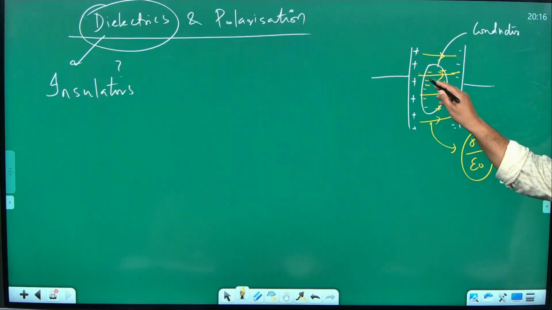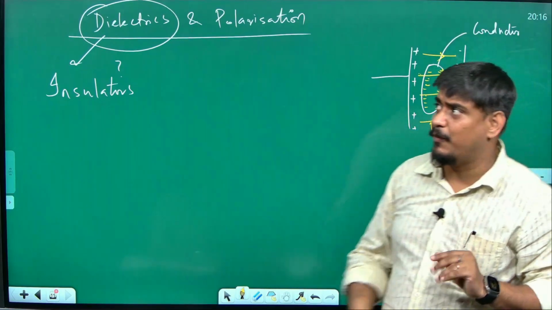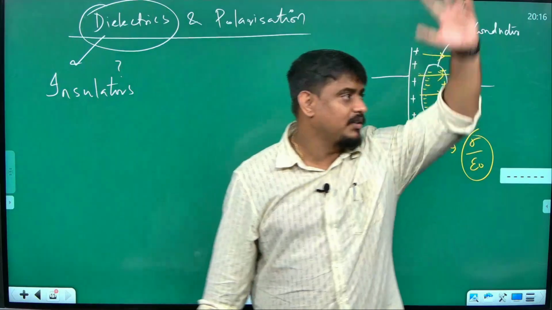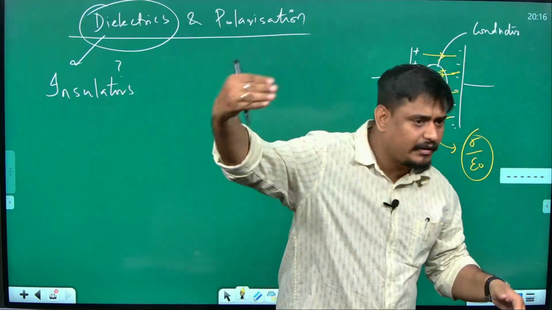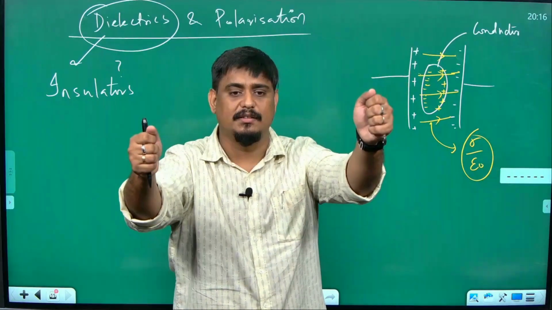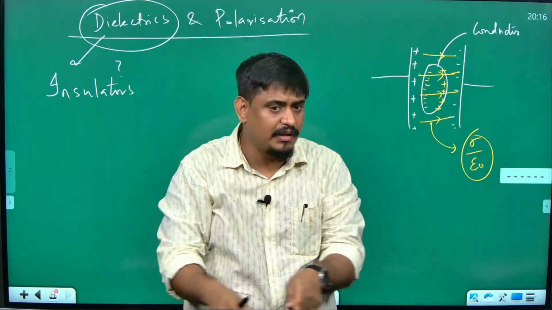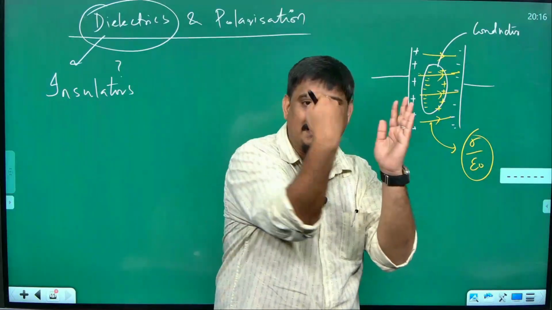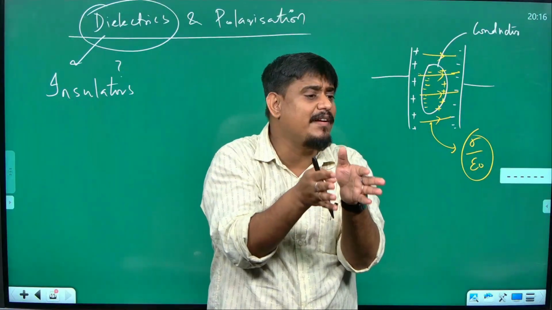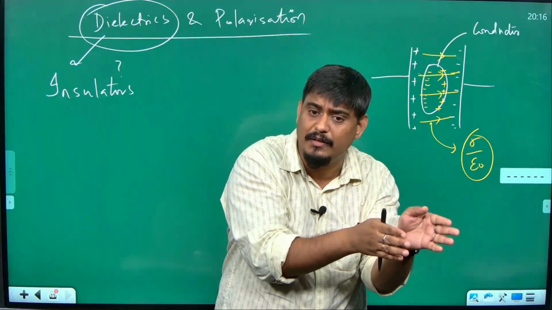I had a uniform electric field. Suppose this wall is positive, this wall is negative. Positive to negative we have an electric field. Here I am keeping a conductor. If I am keeping a conductor here, all the positive charge moves towards your right because they have a tendency to move in the direction of the electric field.